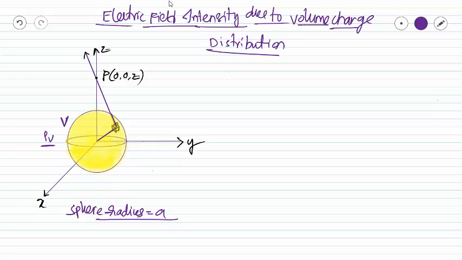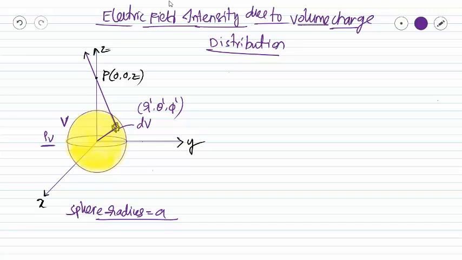Inside the sphere we consider a small differential volume dv, which has its reference at r dash, theta dash, phi dash.